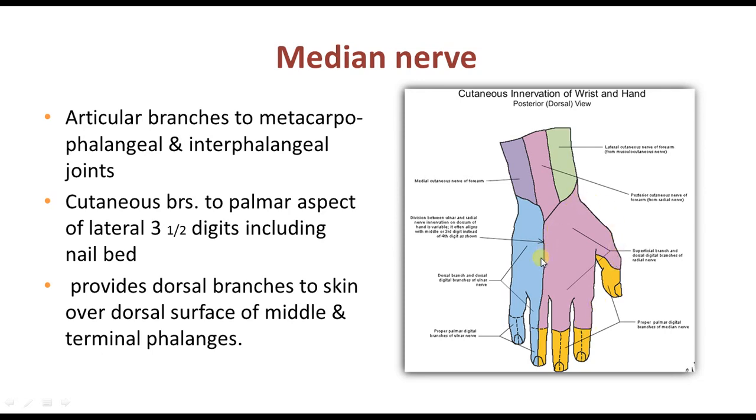Whereas the dorsolateral part of the dorsum of the hand, the dorsum of the thumb and digits up to the proximal phalanx is supplied by the radial nerve. Whereas on the dorsal aspect, the medial 1.5 fingers and the skin over the medial part of the dorsum of the hand are supplied by the ulnar nerve. Okay.